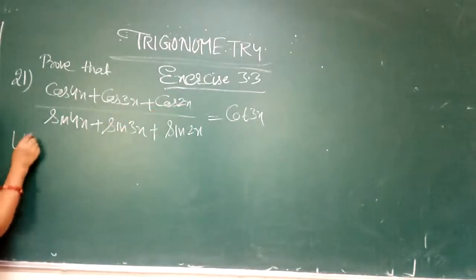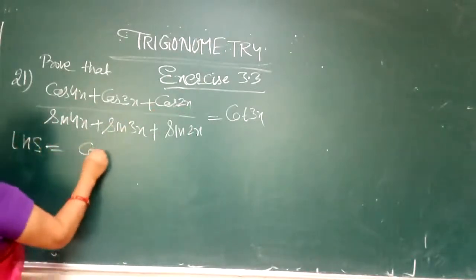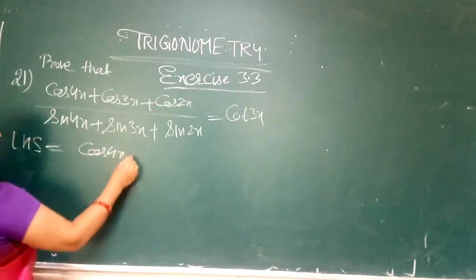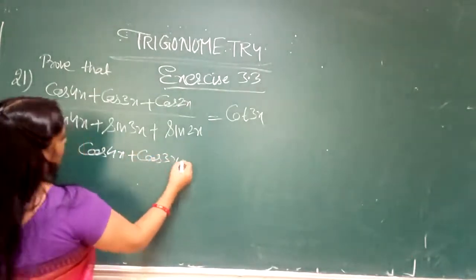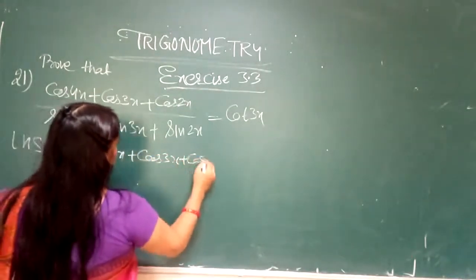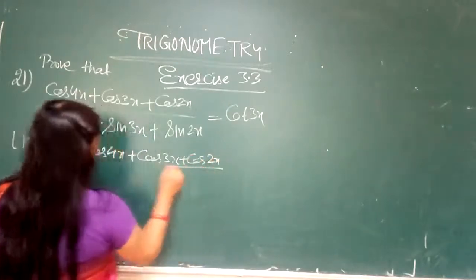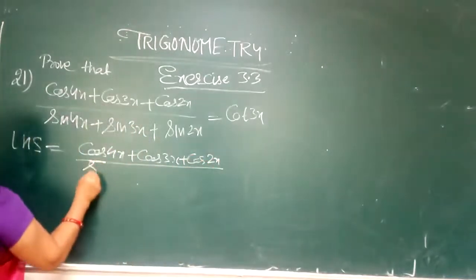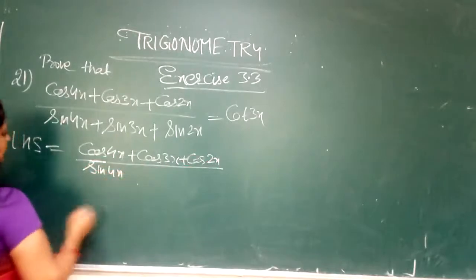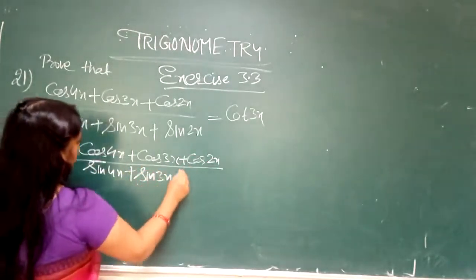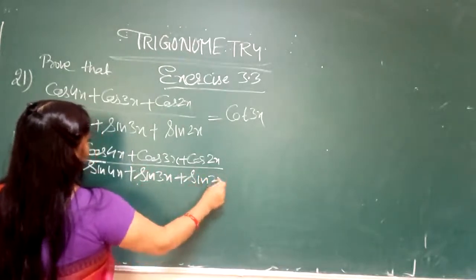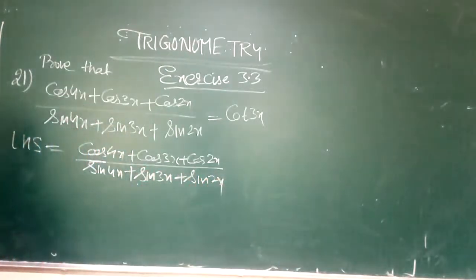So take LHS. LHS is cos 4x plus cos 3x plus cos 2x upon sin 4x plus sin 3x plus sin 2x. Students, here we will make the pair.